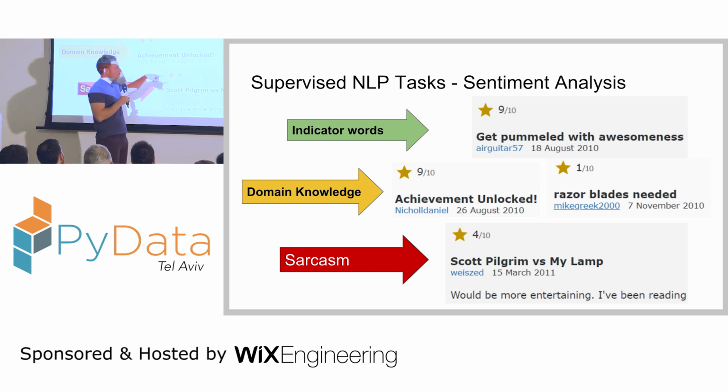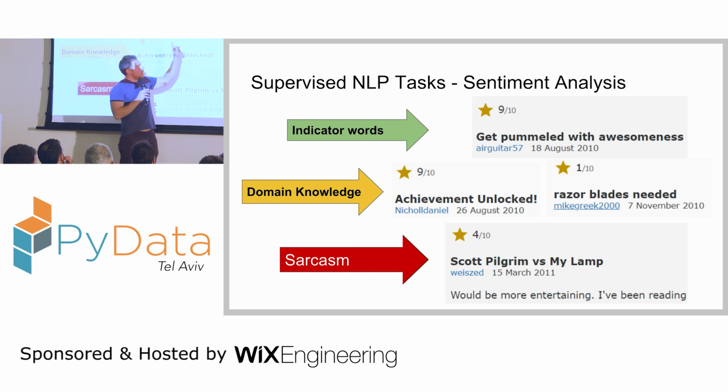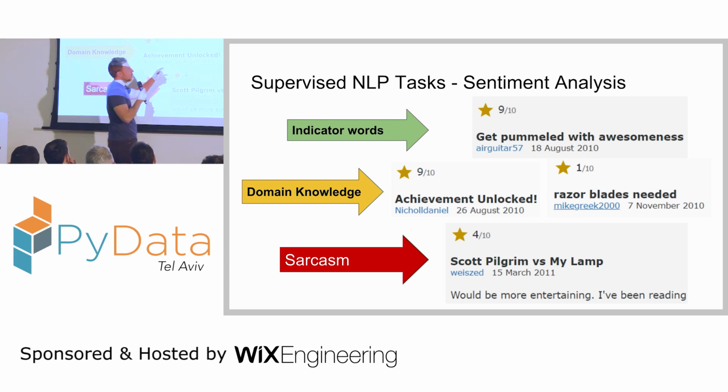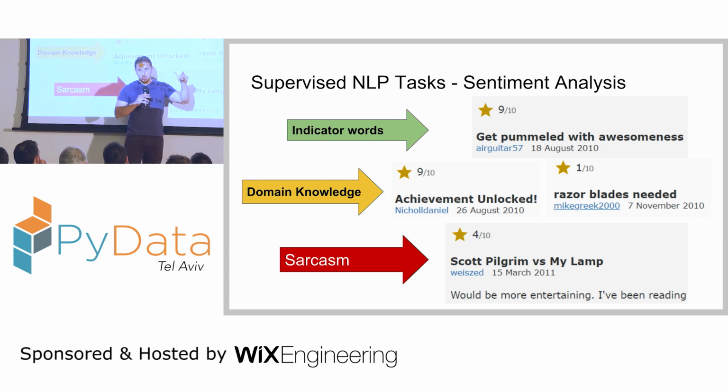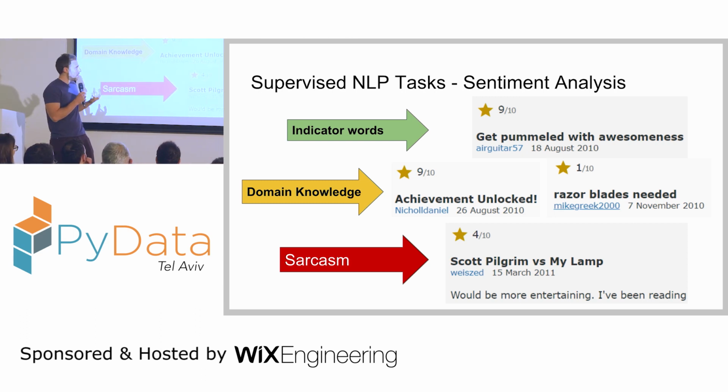Let's have a look at these comments for the movie. These are IMDb comments for the movie Scott Pilgrim vs. the World. We actually got a pretty high ranking on IMDb. The first comment is pretty simple to classify. I have indicated words like awesomeness, good, bad. It reminds us of classic text classification.